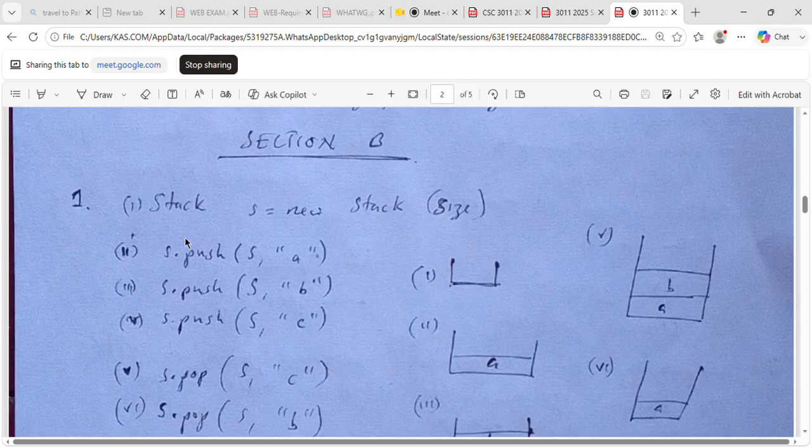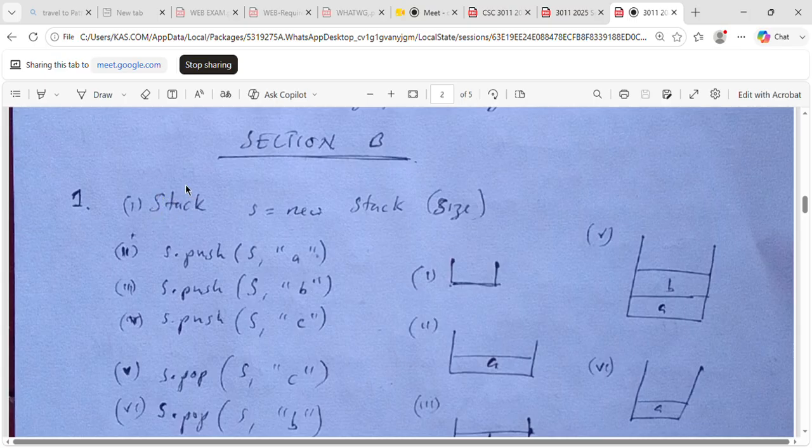Let's concentrate now. So you create a stack like that. Always remember, that's a class name. So this is a class. A constructor is always the same as the class.